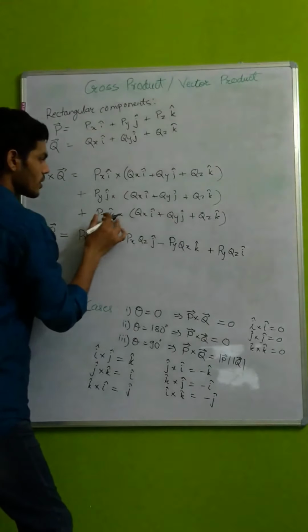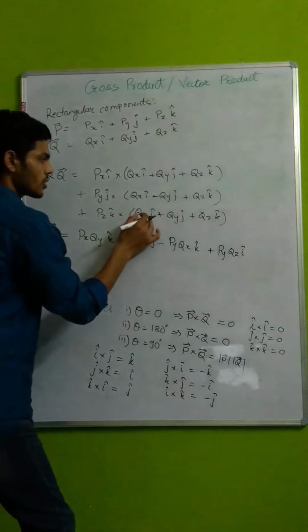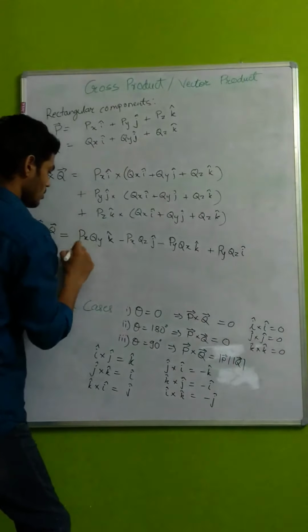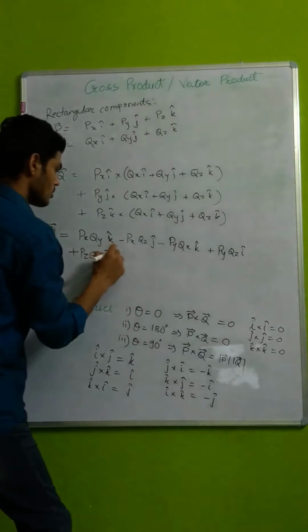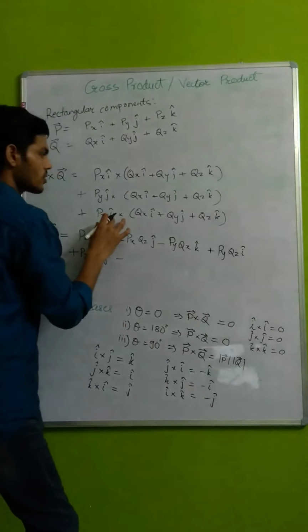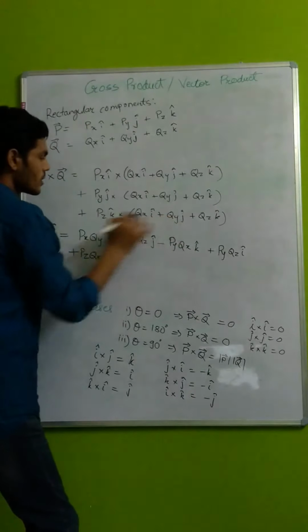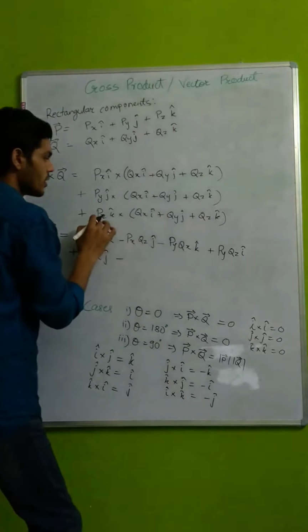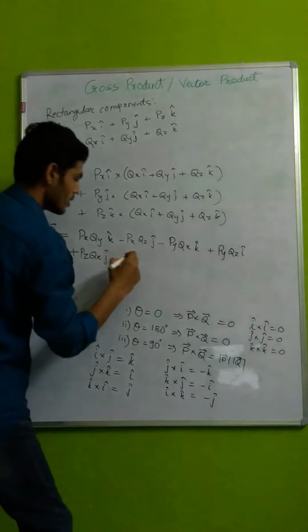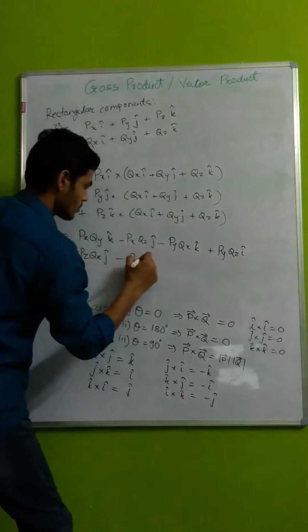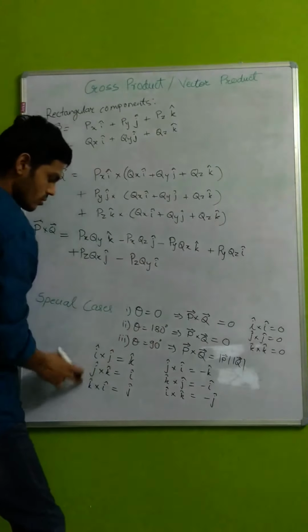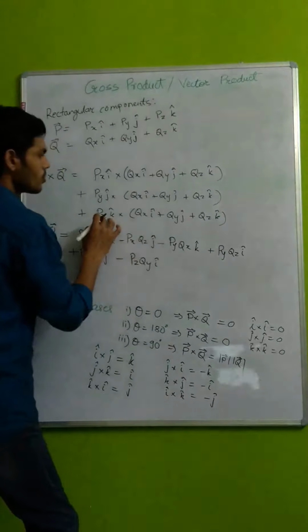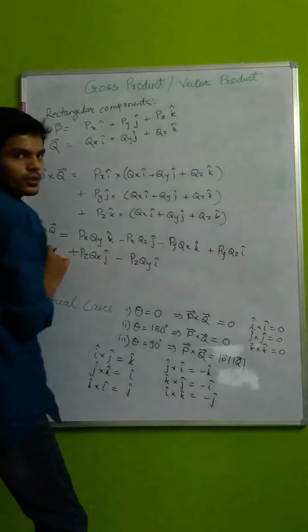So Pzk cross Qxi will be PzQx j, and Pzk cross Qyj will be minus PzQy i, and k cross k is 0, so Pzk cross Qzk will be 0.